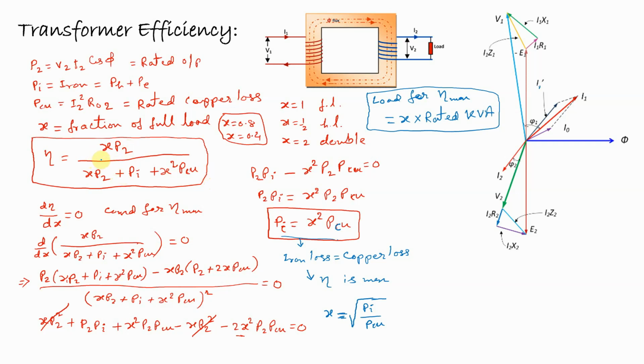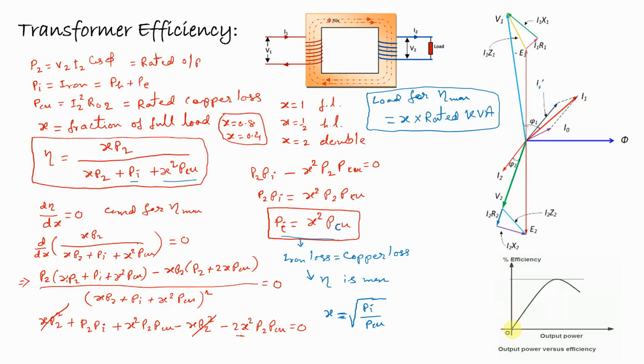At a particular condition, when the copper loss and iron loss become the same, we get the maximum efficiency. If we increase the load further, the efficiency of the transformer will be reduced again. So if you plot the efficiency with respect to the output power or the secondary current, it will look like this.